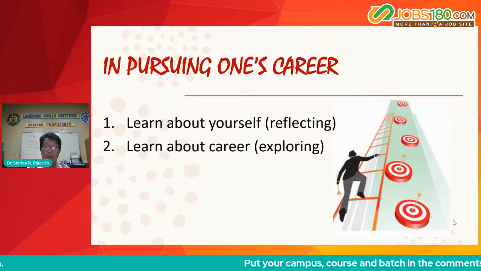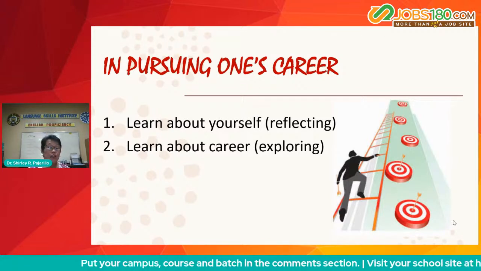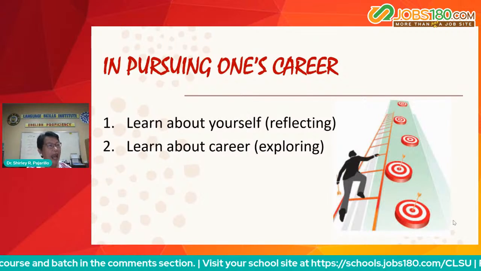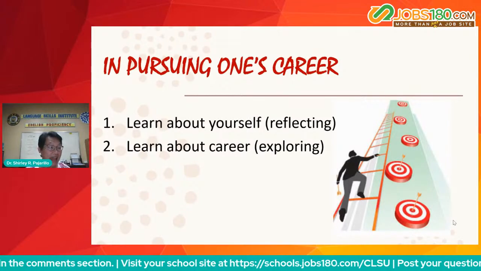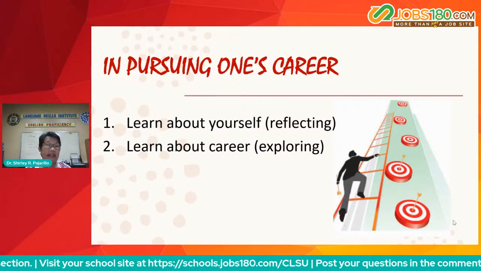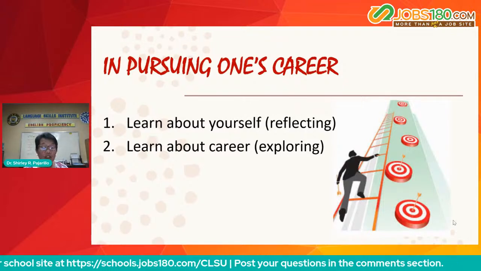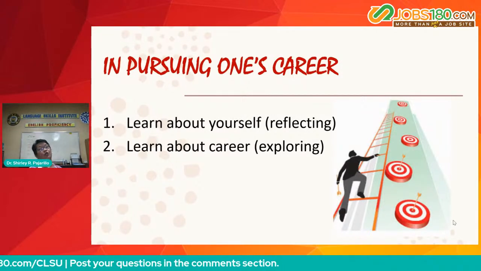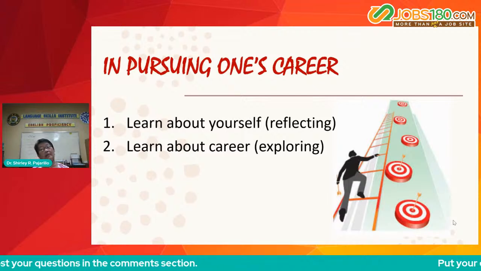And number two major choice that could make or break your life is choosing a course in college. But then again, I would like to reiterate that you did not regret of the course that you have chosen because it's your choice. So you have to learn about career.